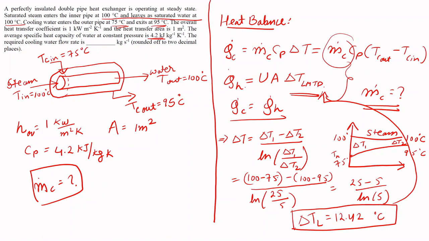The mass flow rate we have to find. One is my heat transfer coefficient, and then the heat transfer area we have been given as 1 meter square, and LMTD we have found in our earlier slide as 12.42.